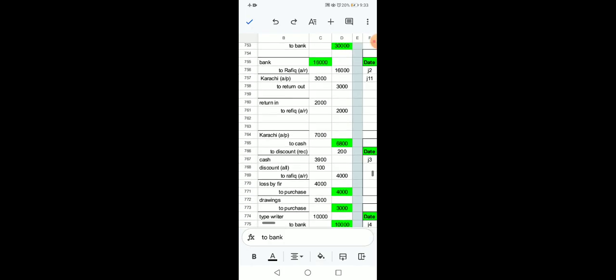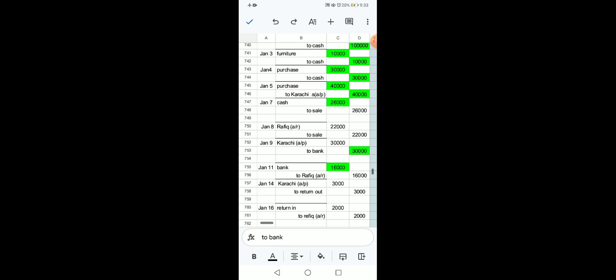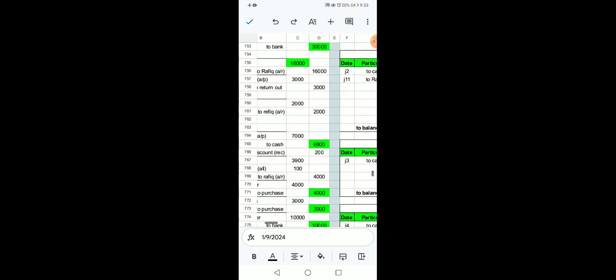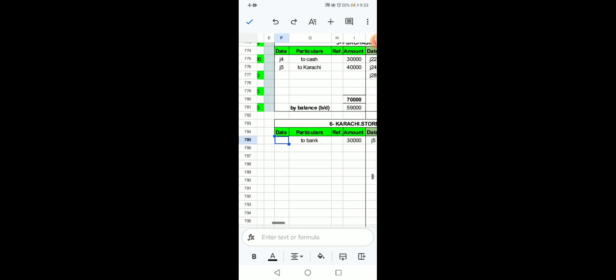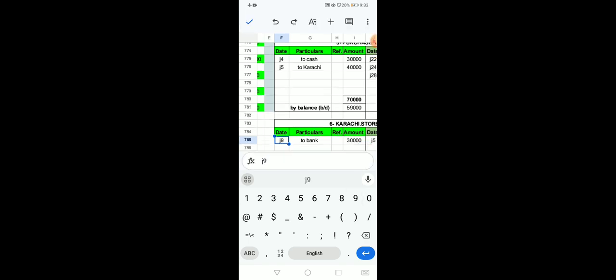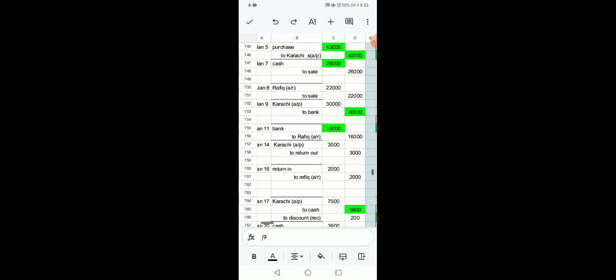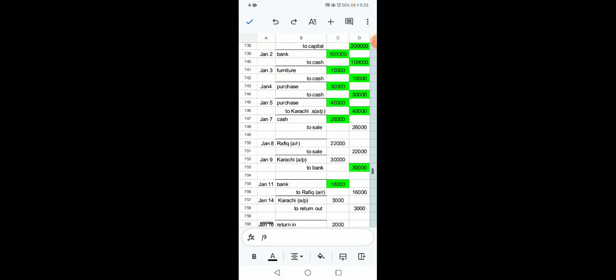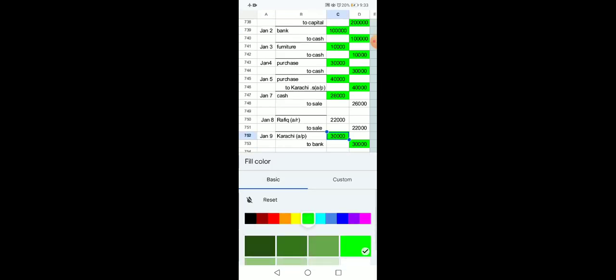See for 30,000 what is the date. Here Karachi is debited January 9. Put the date over here, January 9. This way the 30,000 entry for January 9 is completed. Mark it as it has been done.